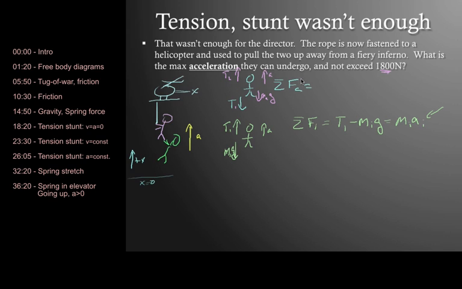So now what I do is I say everything up, so that's T2, and then minus everything down, minus T1 minus MAG is equal to, and then in this case, A is up. So that's the other thing to watch out for. If you had A going against this X, then this probably should be a minus. But in this case, plus X and A, they're both up. I'm good.